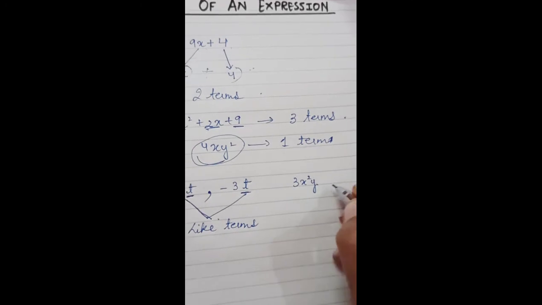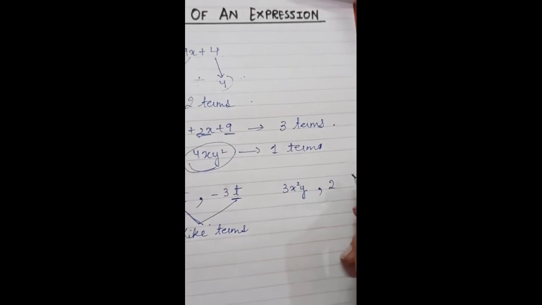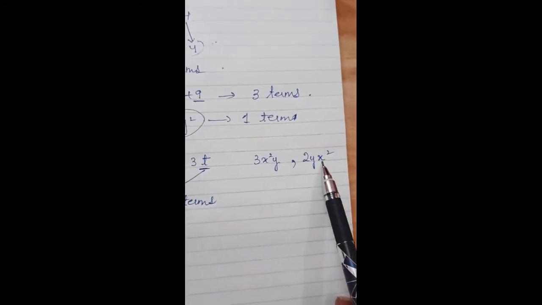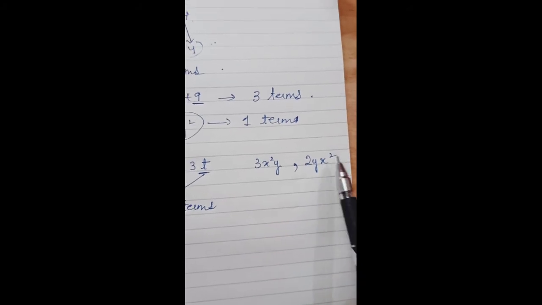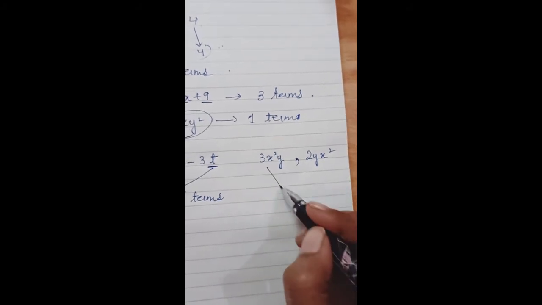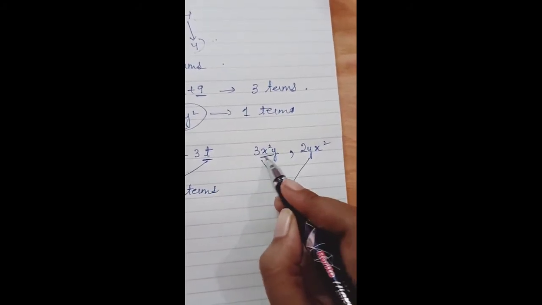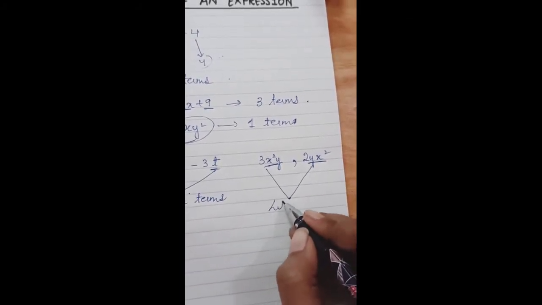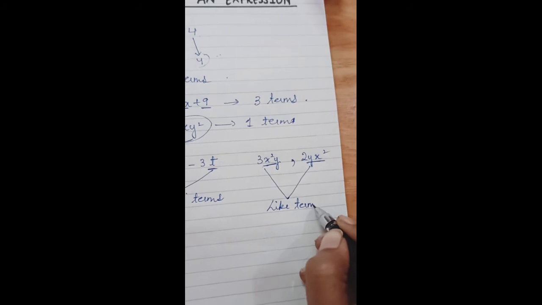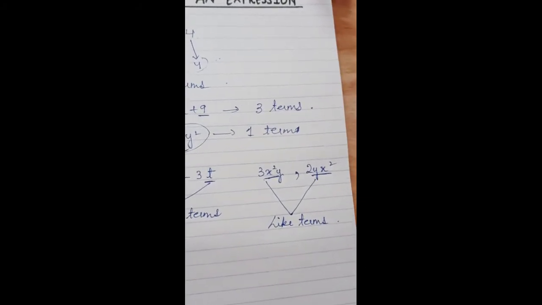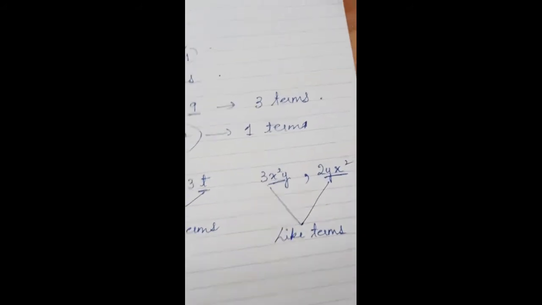For example, 3x square y, 2y x square. Here we have x square in this term and x square in this term also, and y here and y here. So here we have the same algebraic parts, so these terms are known as like terms.